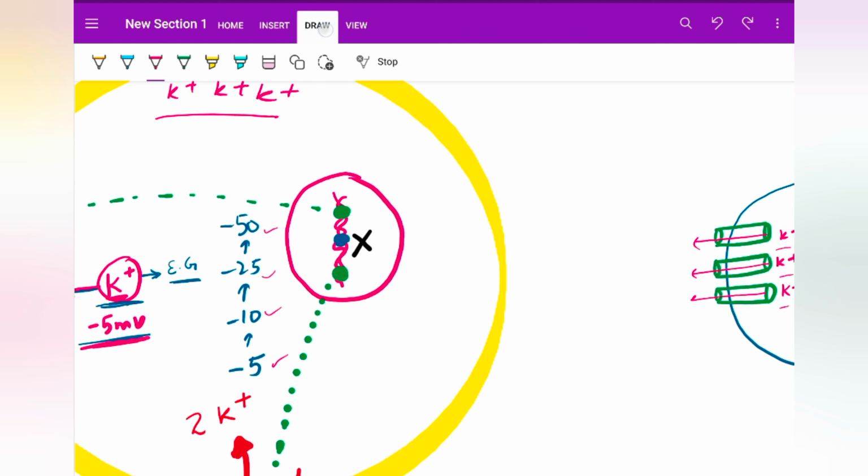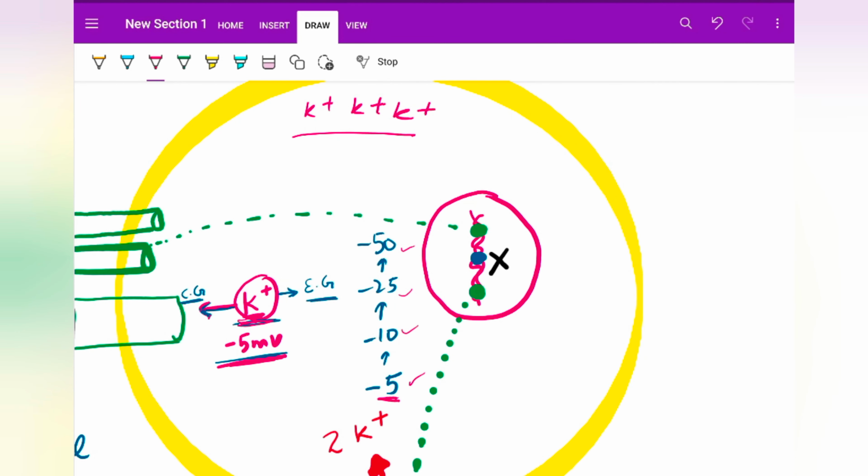The cell was at -5 millivolt, then potassium diffuses out, -10, more potassium diffuses out, -25, then more potassium diffuses out, -50. So what exactly is happening is that this K plus is diffusing out, and the potential in the membrane is changing. Basically, this potential is changing due to diffusion of this K plus.